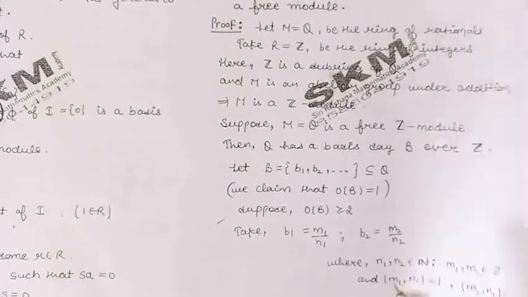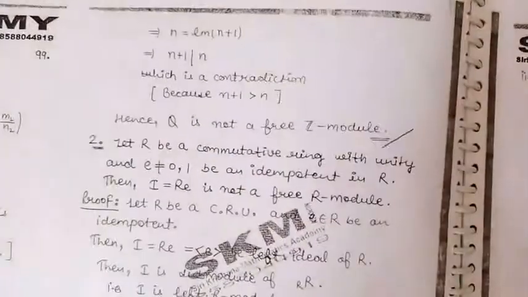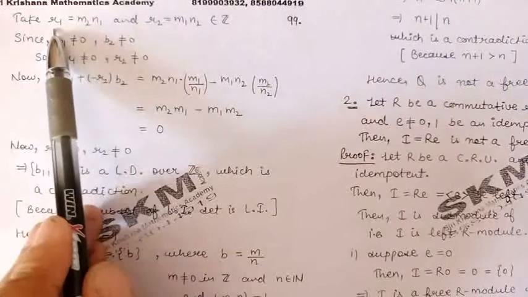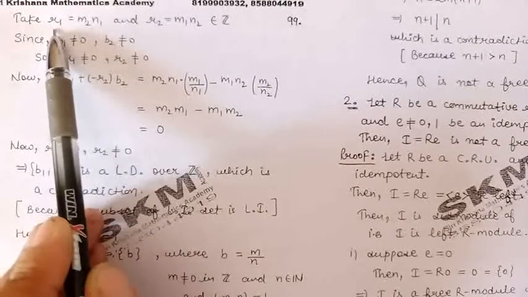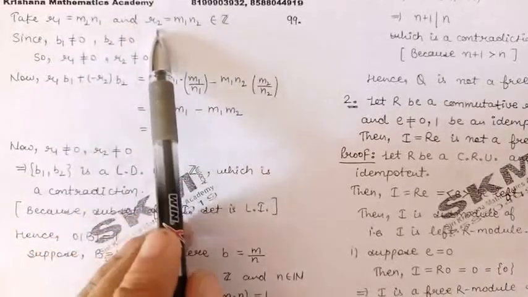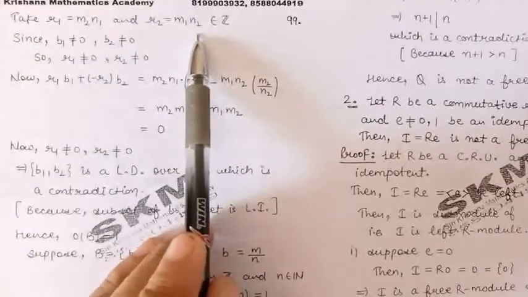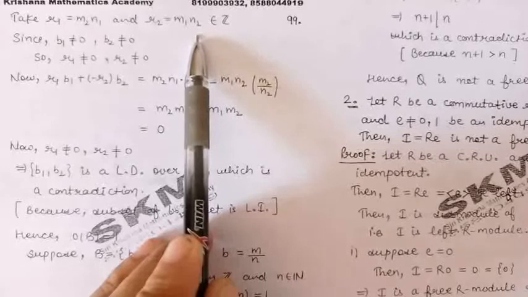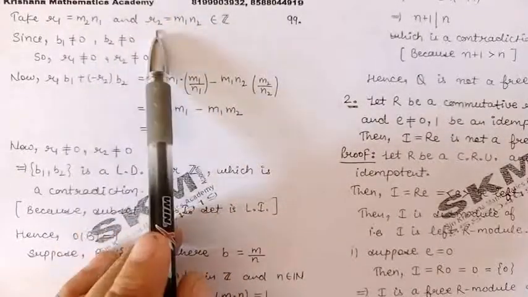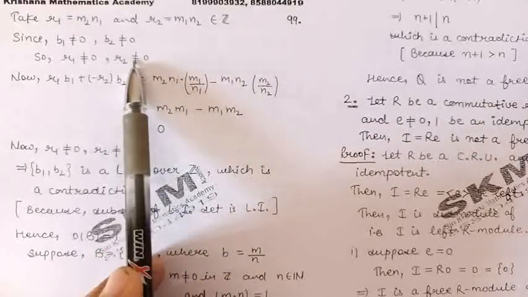Now let us consider two elements r1 and r2 belonging to the ring of integers, which we have taken particularly as r1 is m2 into n1 and r2 is m1 into n2. Now, because our b1 and b2 are non-zero, r1 and r2 both are non-zero.